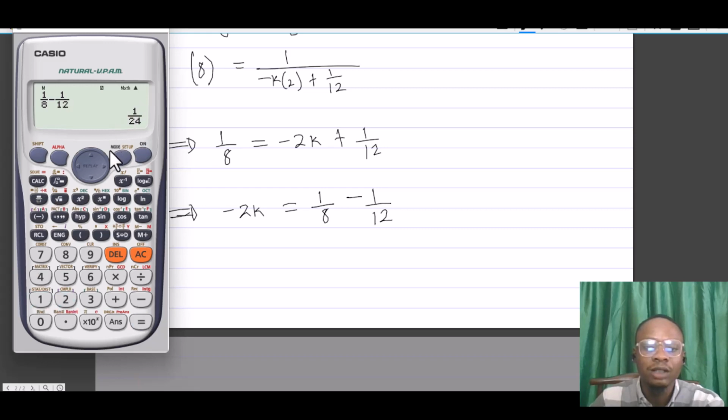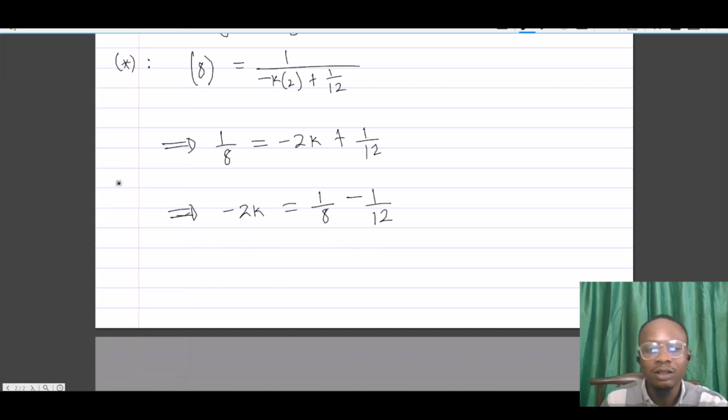So that's our answer. Then divided by minus 2. So that is minus 1 over 48. So that means, therefore, our k equals minus 1 over 48.